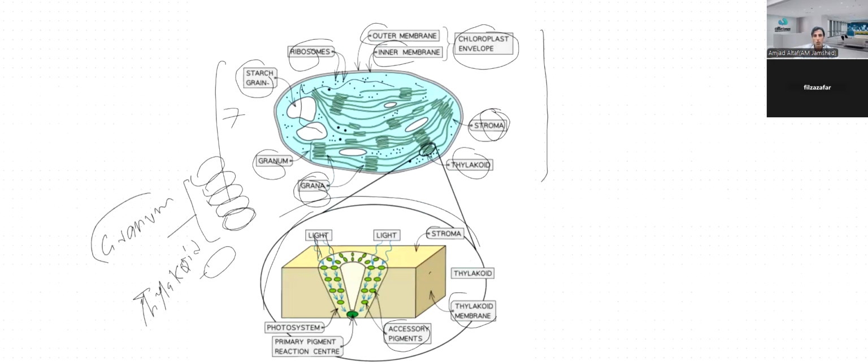Okay, no worries. So this is the second point that we have discussed: the difference between photosynthesis and respiration, and which structure is important for photosynthesis in plants. What is the name of that subcellular structure present in the cell that is responsible for photosynthesis? That is the chloroplast.